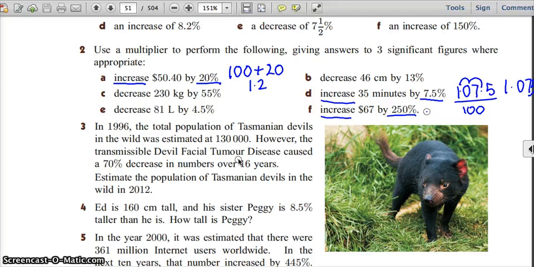Excellent, excellent. This one's 3.5. Very good. Decrease, Maddie. Decrease by 13%. What's the multiplier going to be? 87 over 100. 0.87. Great thinking. Well done. Good thinking out loud. It's 87 over 100, which is 0.87.